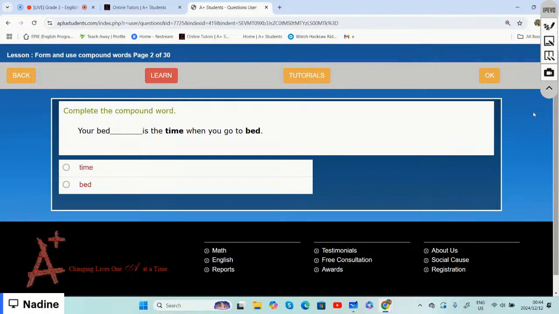All right. We say your bed is a time when you go to bed. Is it option one, bedtime, or option two, bed?